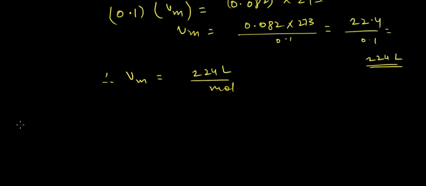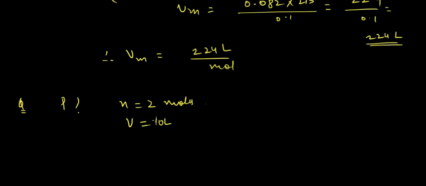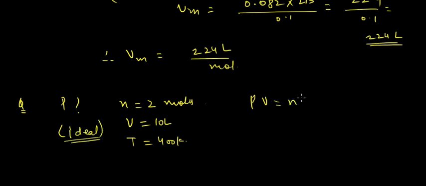Next question: you have to calculate the pressure of 2 moles of gas present in a 10 liter vessel at a temperature of 400 Kelvin. Obviously the gas is ideal, so PV equals nRT is the equation followed by an ideal gas.